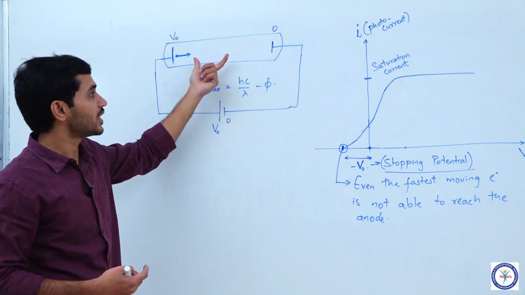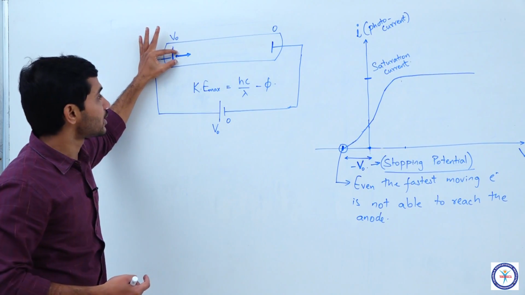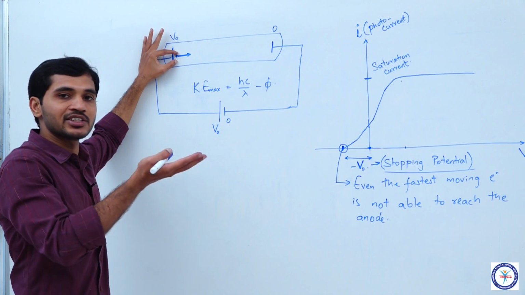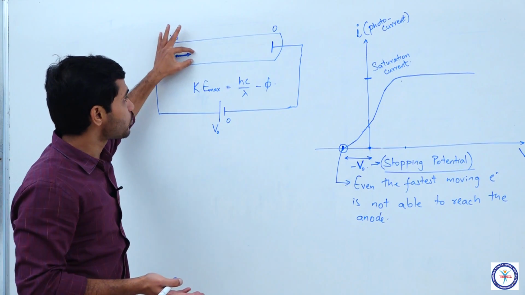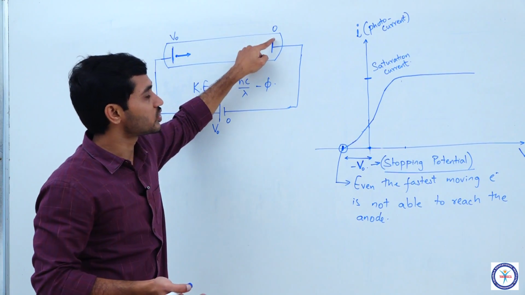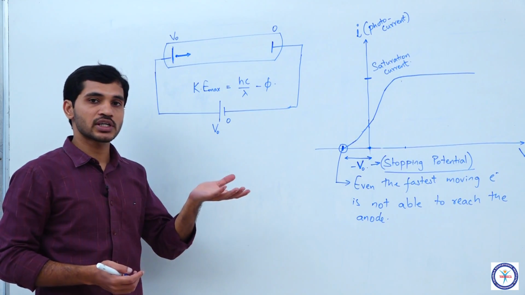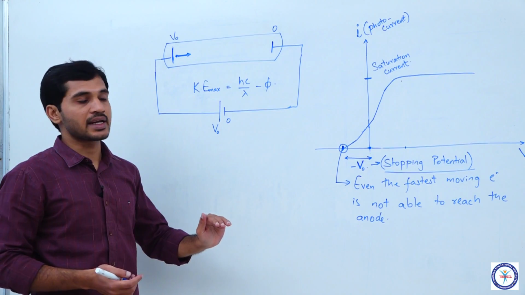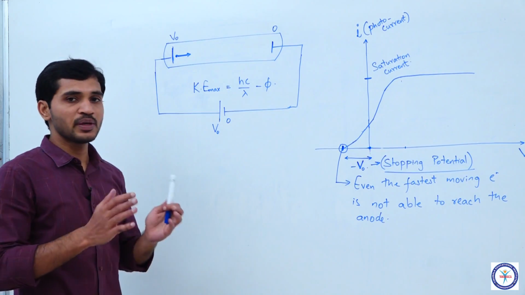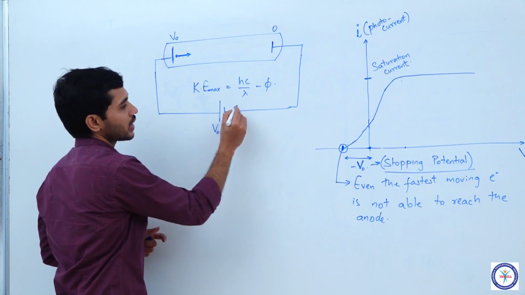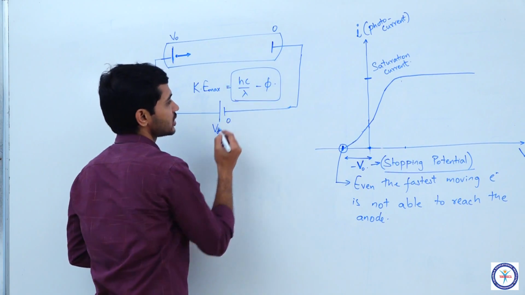As the electron tries to move from here to here, what actually happens inside the tube is that this electron loses its kinetic energy and gains potential energy, because it is moving towards lower potential. Keeping that idea in mind, let us say this fastest moving electron has this much kinetic energy.